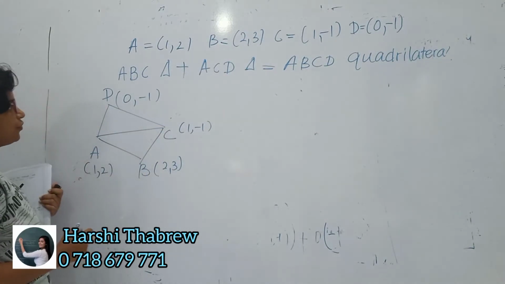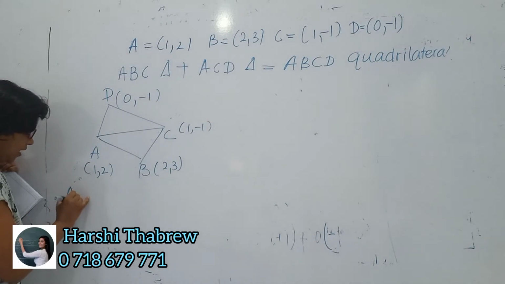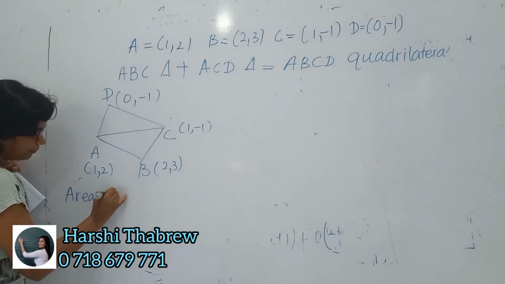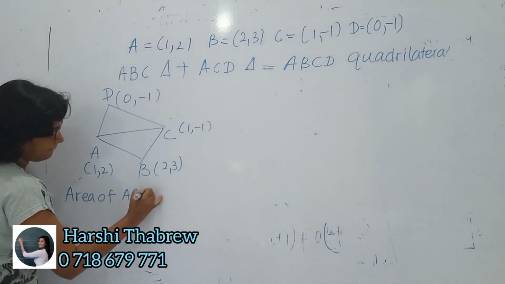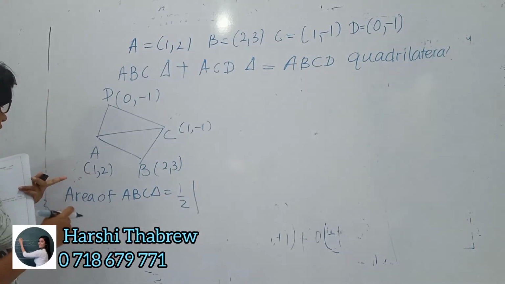Then first you should find the area of ABC. Area of ABC equals half times modulus of x1 (y2 minus y3) plus x2 (y3 minus y1) plus x3 (y1 minus y2).